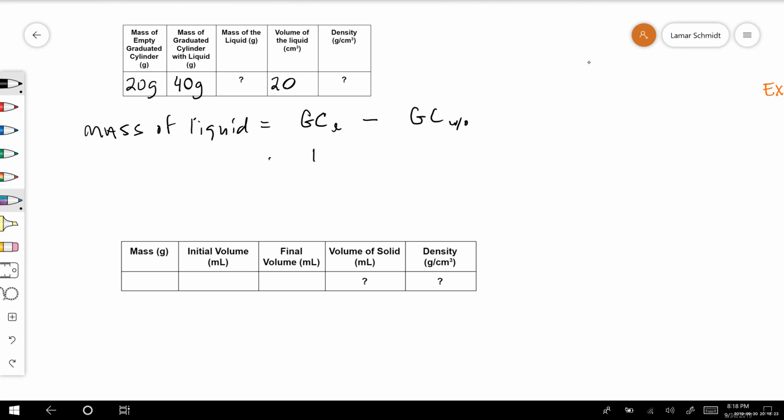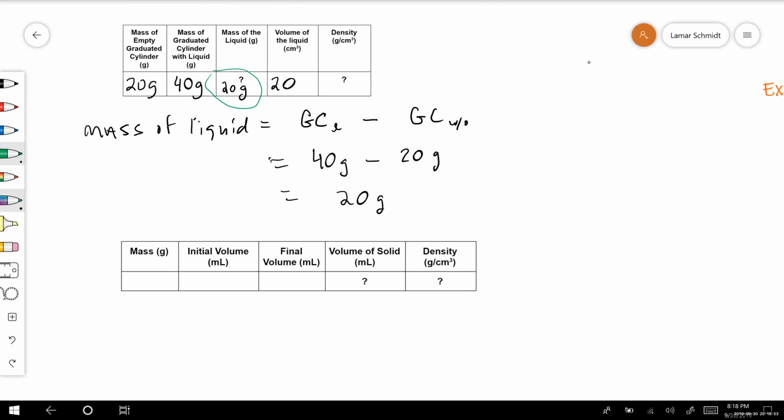It is 40 grams. What is the mass of the graduated cylinder without the liquid, or empty? It is 20 grams. And so the mass of the liquid is 40 minus 20, which is 20 grams. And so you know that the mass of the liquid is 20 grams. I just fill that in. So there's our answer for the mass of the liquid.